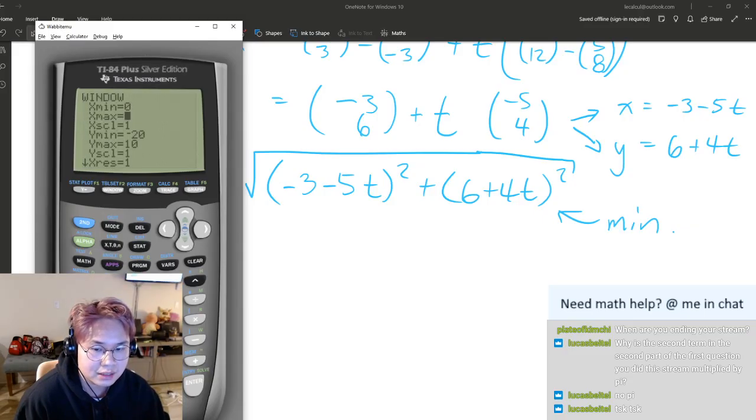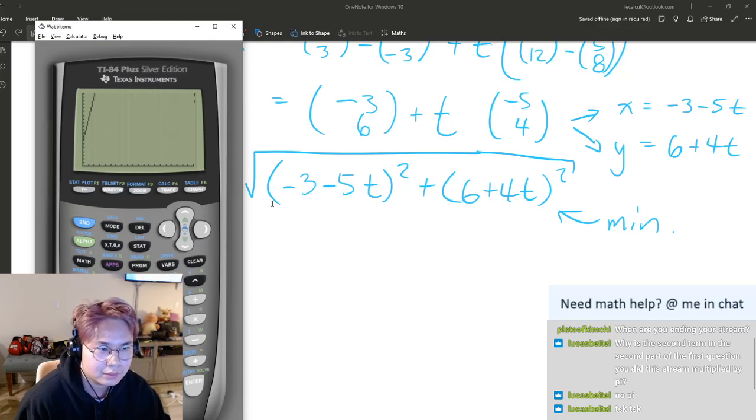So let me change this window a little bit and see if I get a better picture. Okay, I need to change my window a lot. Is this just increasing forever?